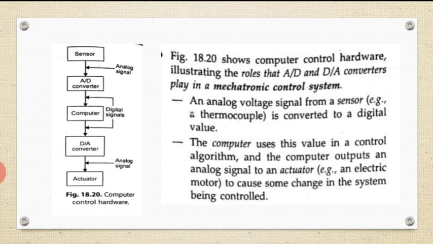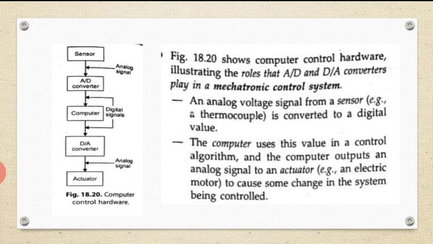As I explained in the first slide, the analog to digital form is required before feeding to the computer, microcontroller or microprocessor. The computer uses this value in a control algorithm, where we put what to do. The algorithm works, and the computer outputs again in digital form.